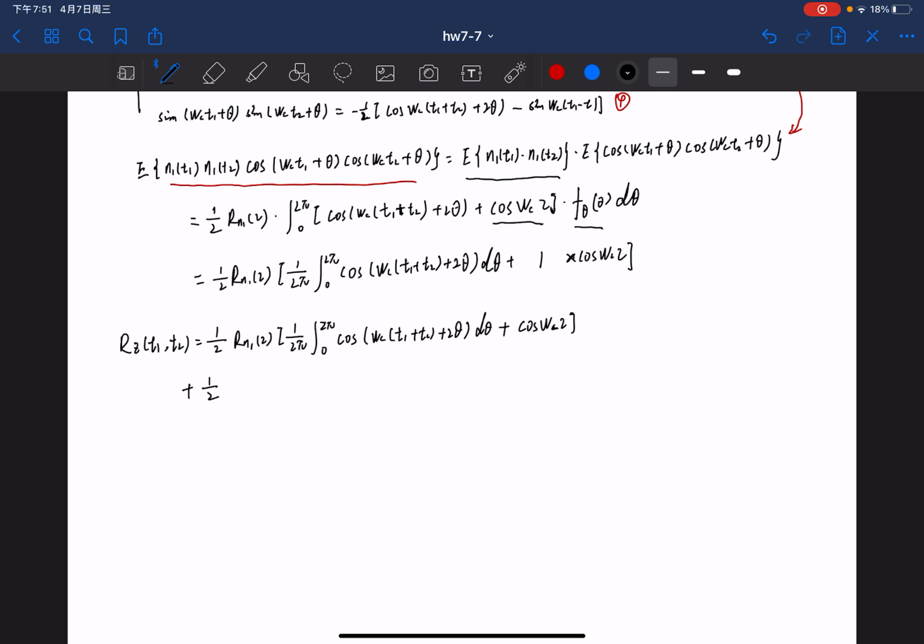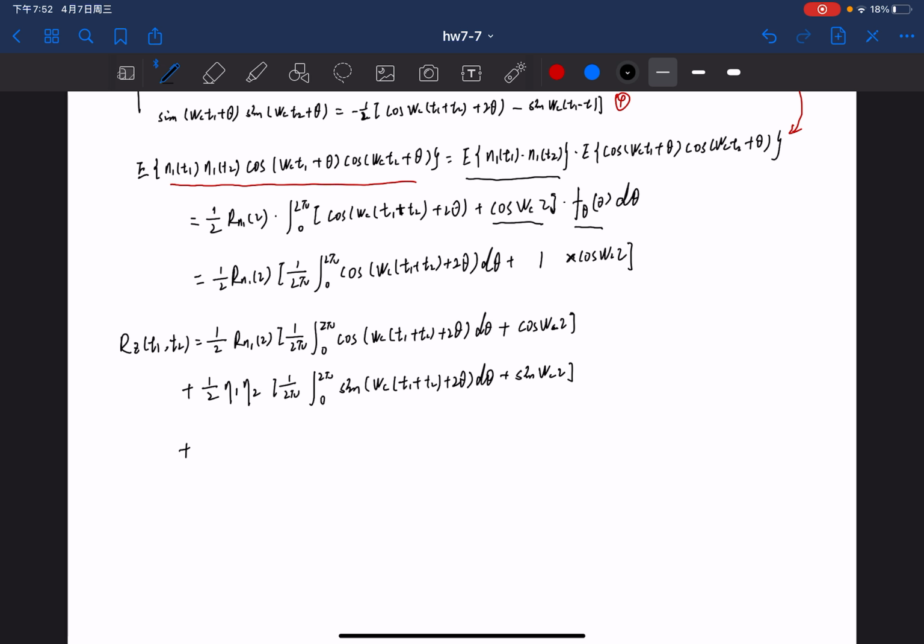And the expectation of N1(T1), N1(T) and N2(T), we already know, is eta 1 and eta 2, so we can use this conclusion to calculate the second part and the third part, which equals this: 1 divided by 2 pi integral from 0 to 2 pi of sin omega_c (T1 plus T2) plus 2 theta d theta, plus sin omega_c tau.